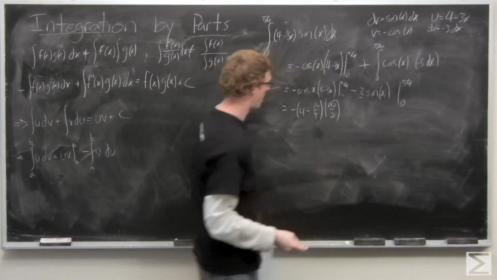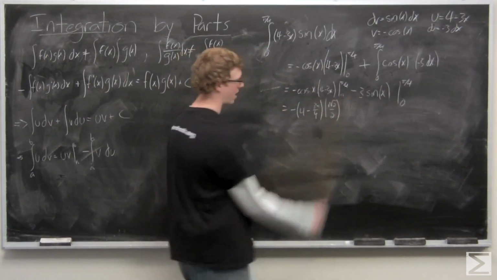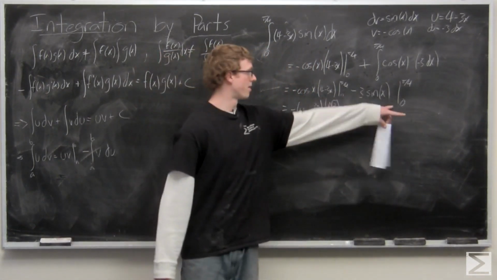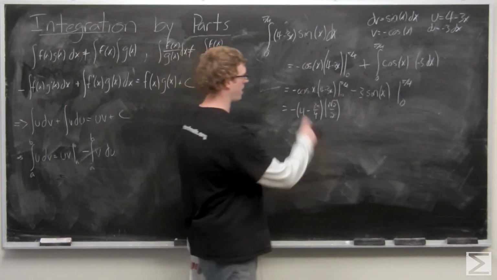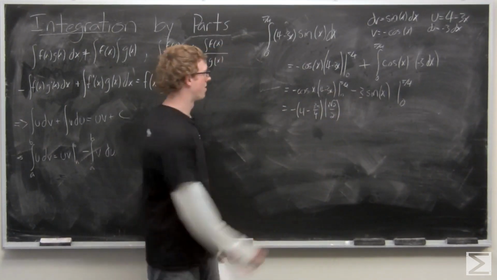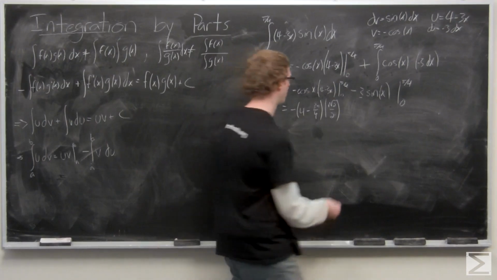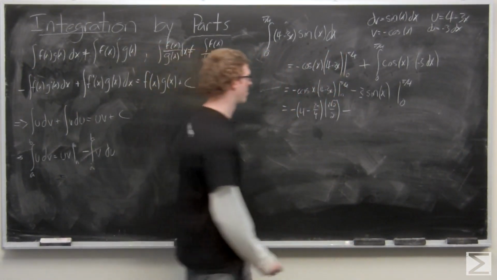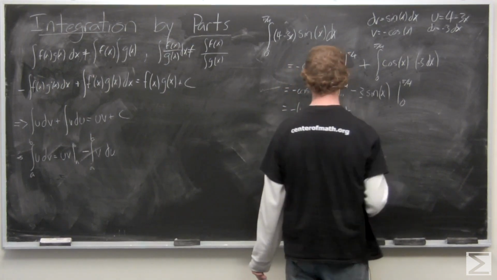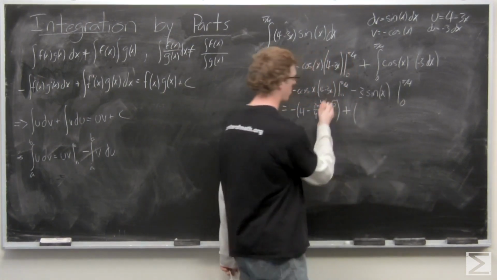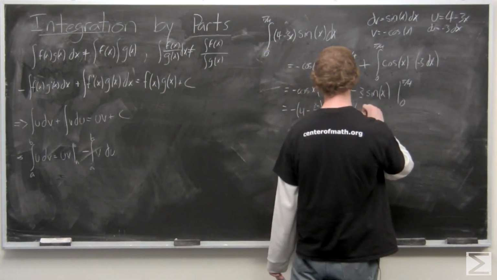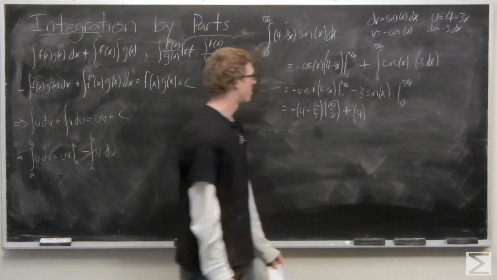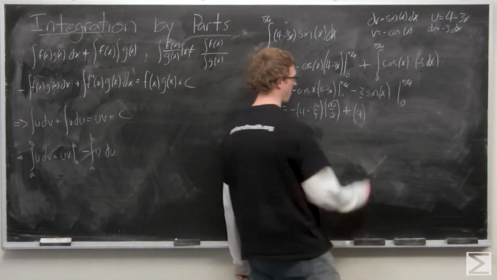And then from this, it's just like dealing with this over here. We're just going to subtract off whatever this function evaluated at 0 is. When we subtract that, we're subtracting a negative, so we're just adding. 4 minus 3 times 0 is 4, and the cosine of 0 is 1.